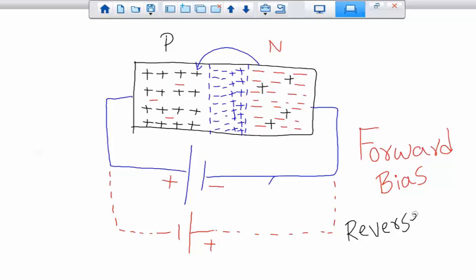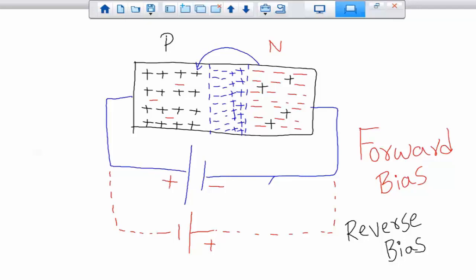And these are two different ways of using a p-n junction. Again, we will discuss what will happen individually under these conditions.